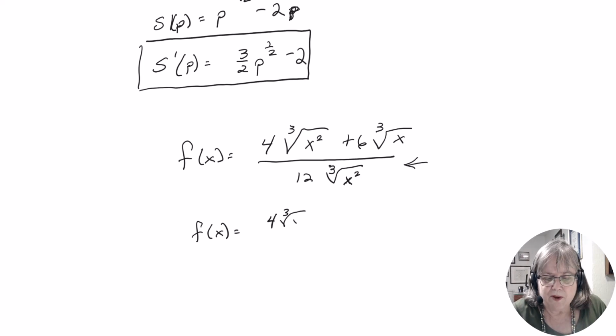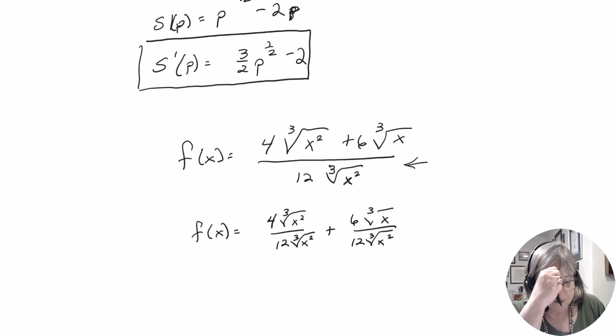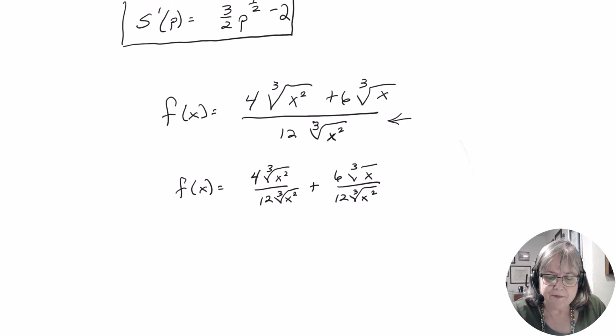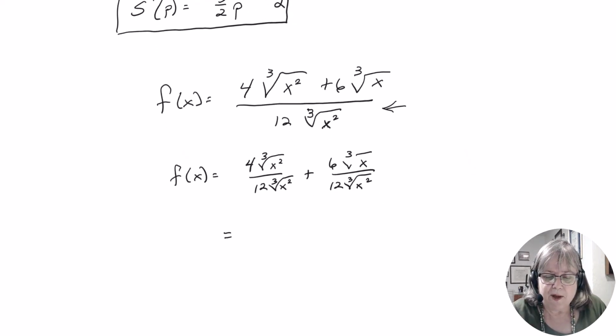4 cubed root of x squared over 12 cubed root of x squared plus 6 cubed root of x over 12 cubed root of x squared. Okay? Now, let's go ahead and change these to powers. So I have 4x. If you have the cubed root of x squared, this is actually x to the 2/3.